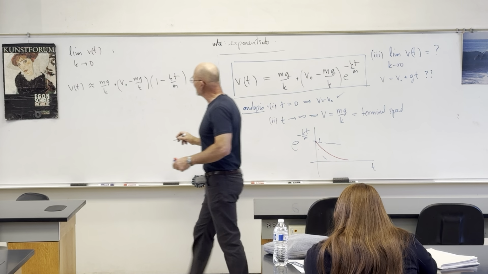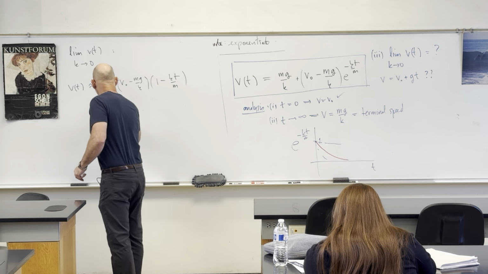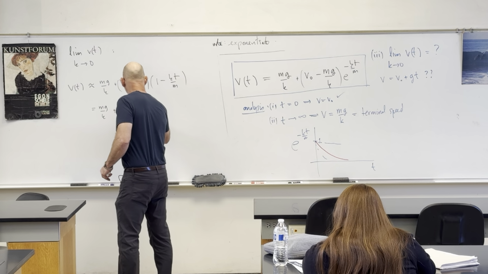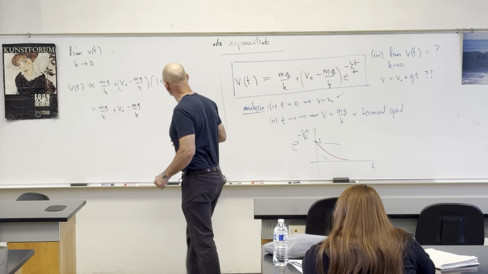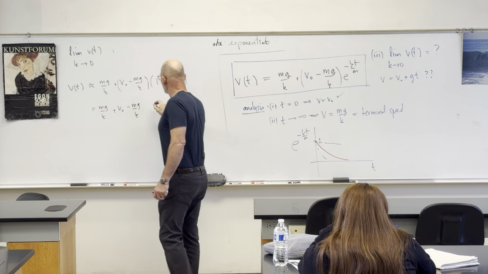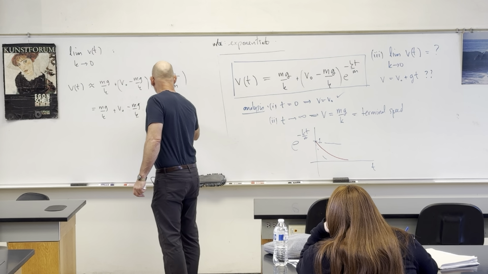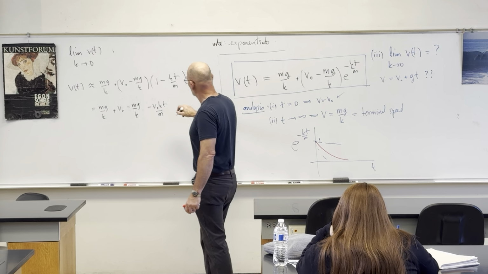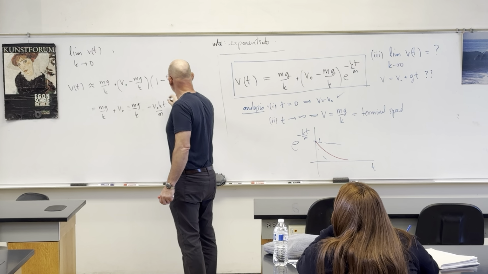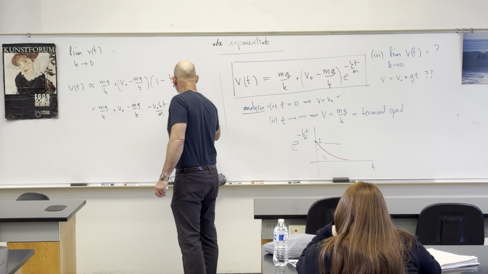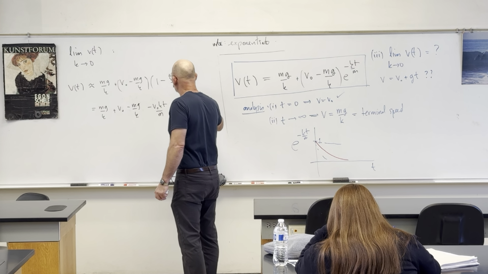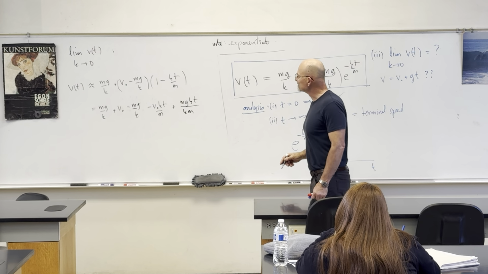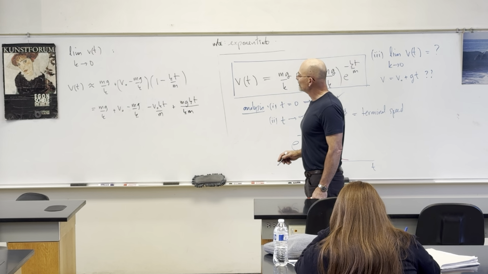So now we have to multiply this out. We have mg over k plus v naught minus mg over k. That takes care of the 1. Then we have minus v naught kt over m. Minus times minus is plus mg kt over km. So that was our approximation as k goes to 0.